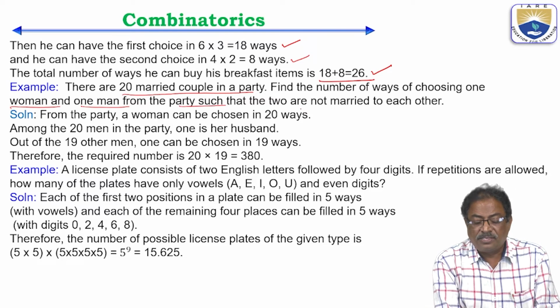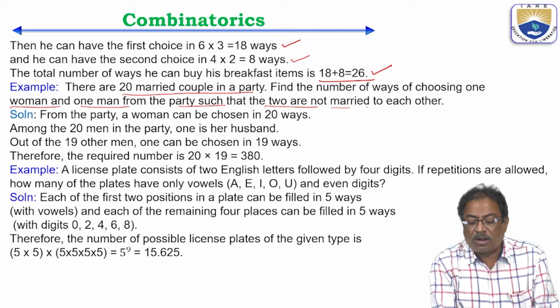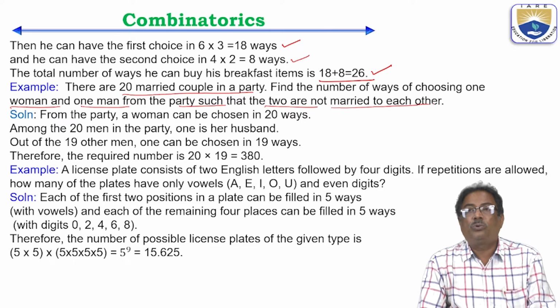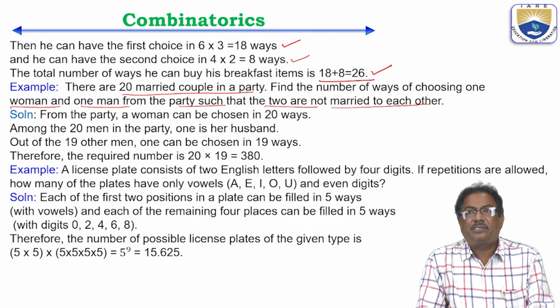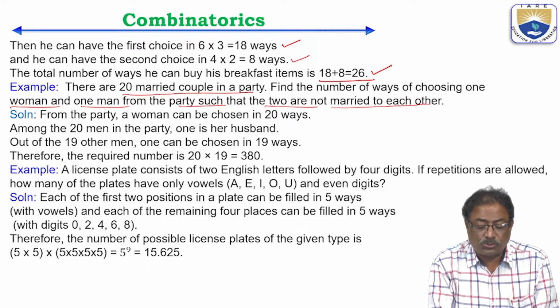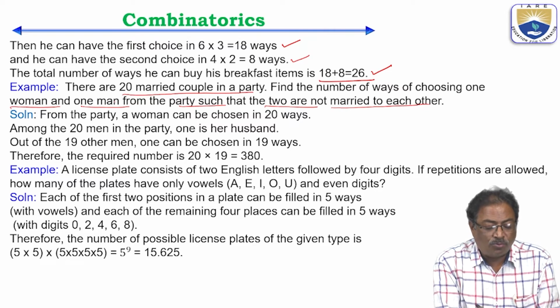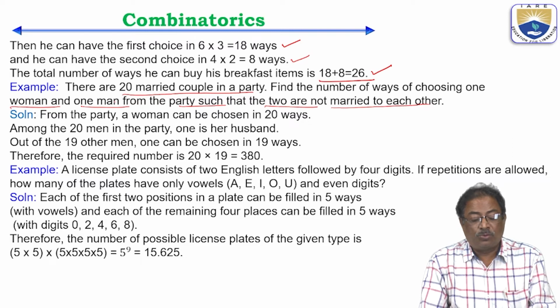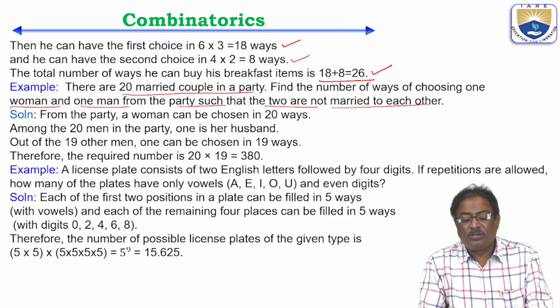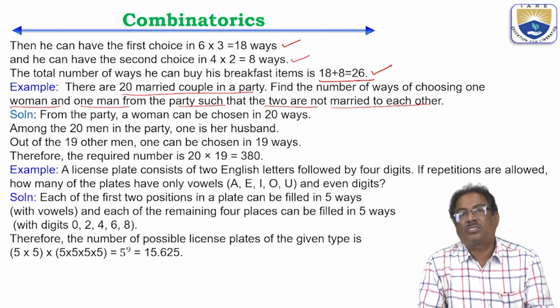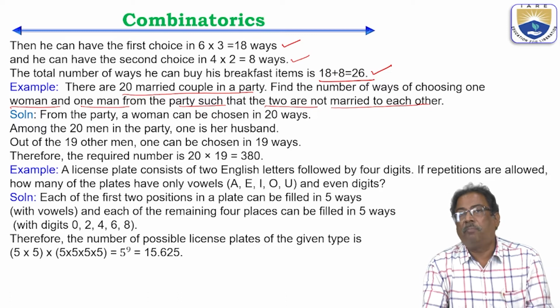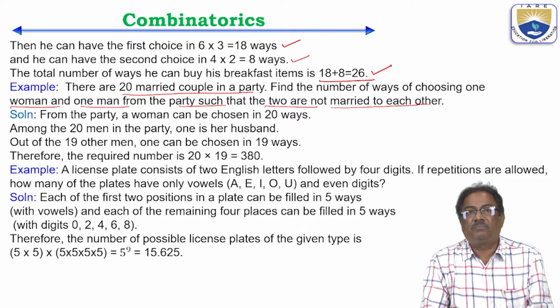Find the number of ways of choosing 1 woman and 1 man from the party such that the 2 are not married to each other. While selecting a woman and a man, they are not married to each other.